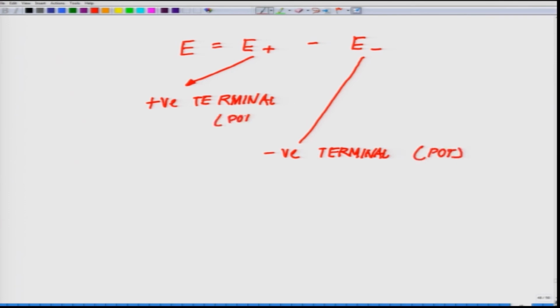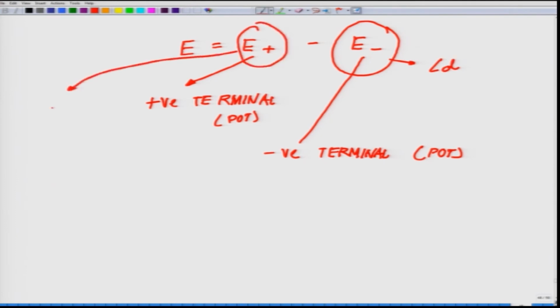So, that way if you look at it, this is the potential what you have on the cadmium in our case when we talked about, and this will be the potential what will be observed in the case of silver, because this is attached to the positive terminal of the potentiometer. Okay. So, keep that in mind.